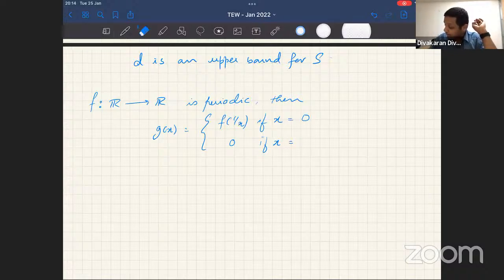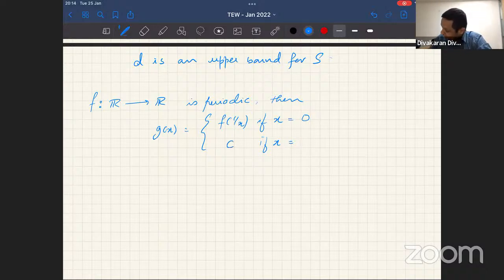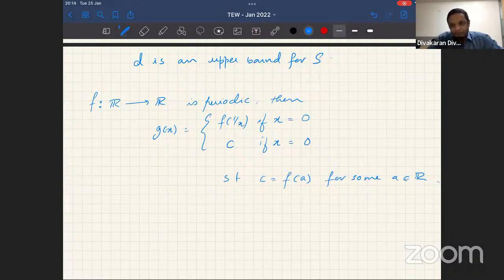Now here is where you have a trickiness. It's not enough that f is just periodic. C should be equal to f of a for some a in R. That's important. Then this function satisfies IVP.